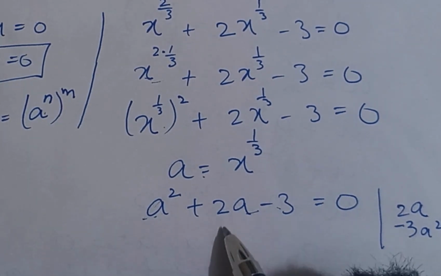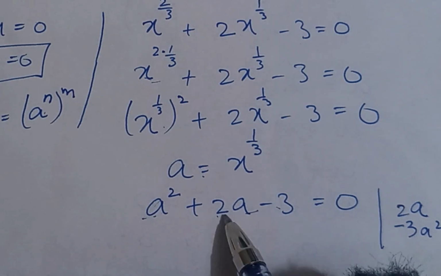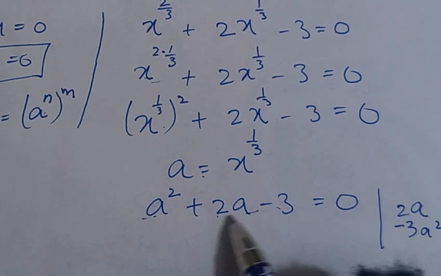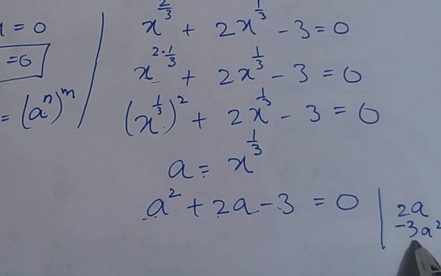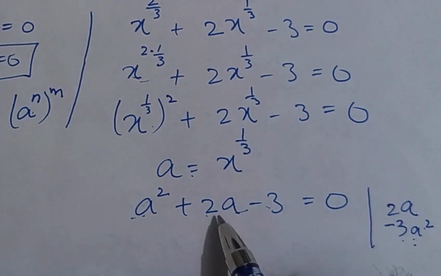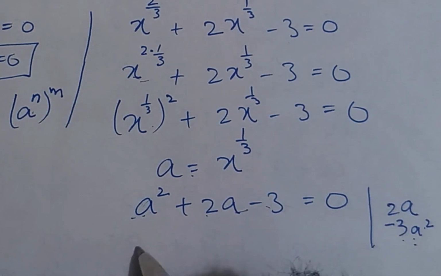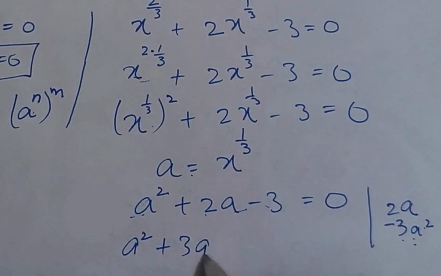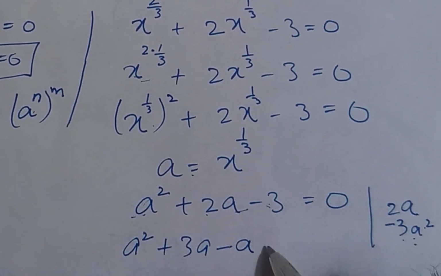So in the next step, we split this middle term, which is 2a, into 2 terms, such that if we multiply these 2 terms, we get minus 3a raised to the power 2, and if we add and subtract, then we get this middle term 2a. So we can write this middle term 2a as plus 3a minus a, and the last term is minus 3.